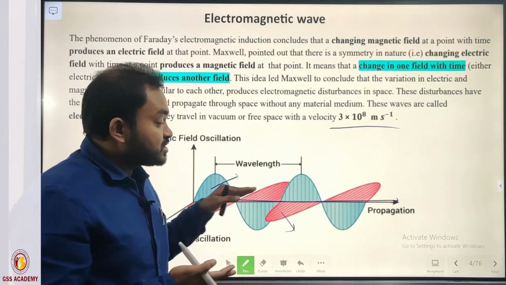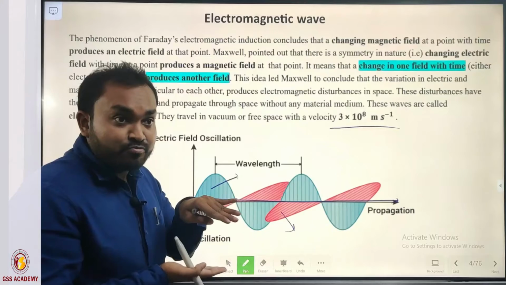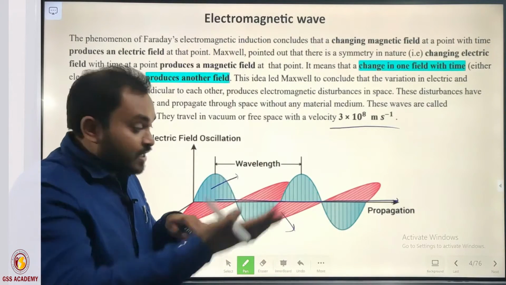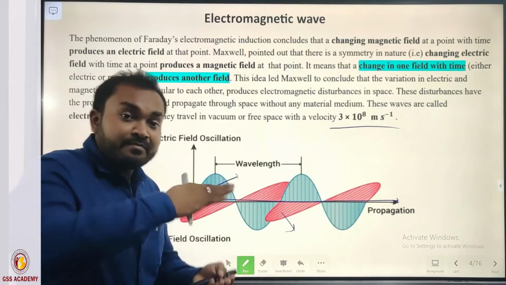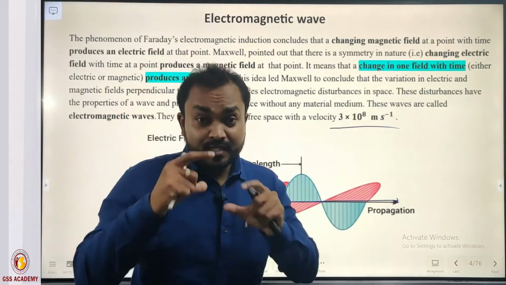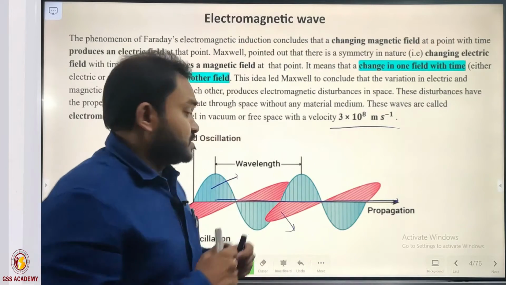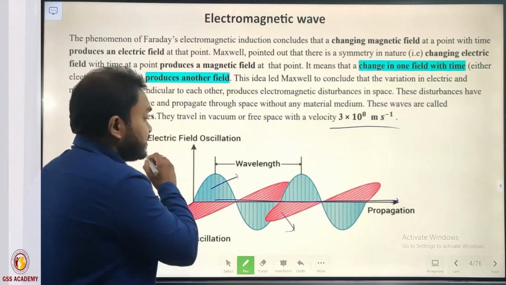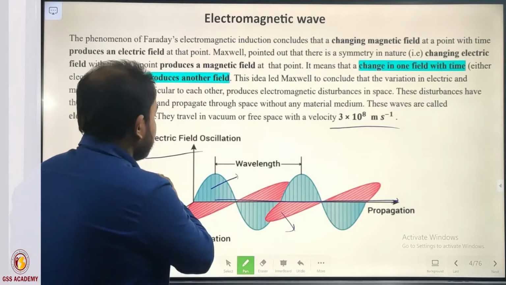So both are perpendicular to the propagation, and they are perpendicular to each other. These are the properties of electromagnetic oscillation or the electromagnetic wave.